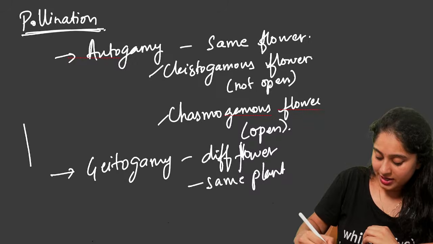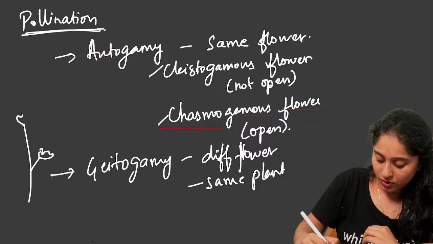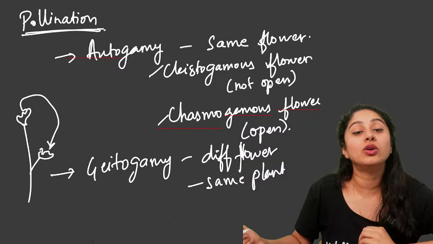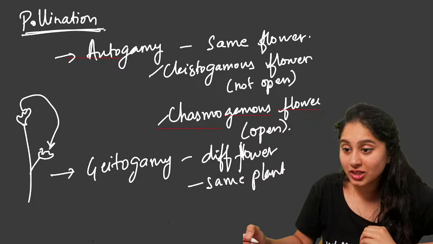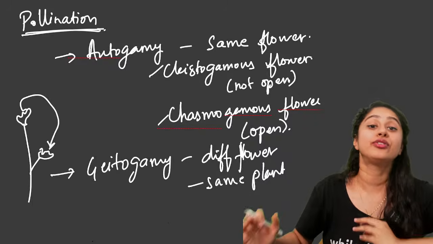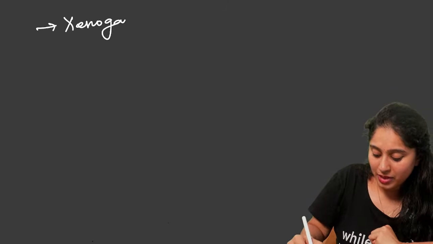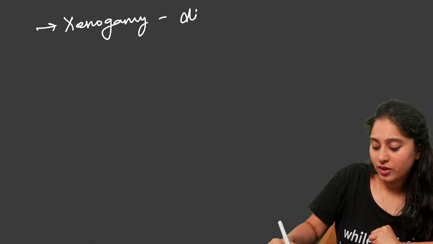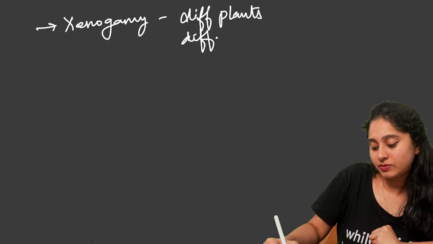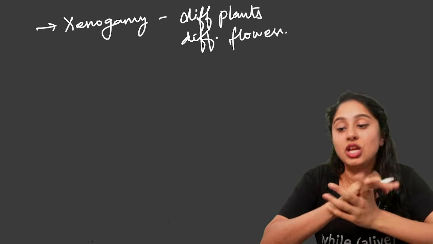Meaning, if let's say this is my plant, I have one flower here and I have one flower here. The pollen grain from here will come and fertilize this. Understood? That is geitonogamy. Now, when it is entirely two different flowers, we will call it xenogamy. So, different plants, different flowers. Okay, so this is xenogamy.